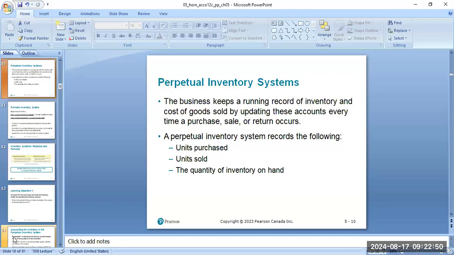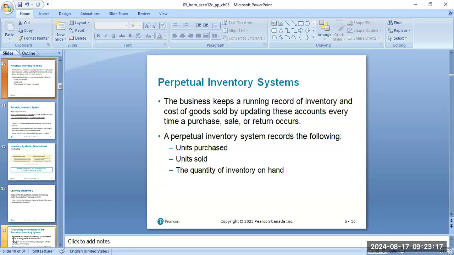Now, what's going to happen within this process? The business usually is going to keep a running record of the inventory and cost of goods sold, by updating the accounts every time we purchase something, every time we sell something, and when the customer returns whatever he doesn't like.